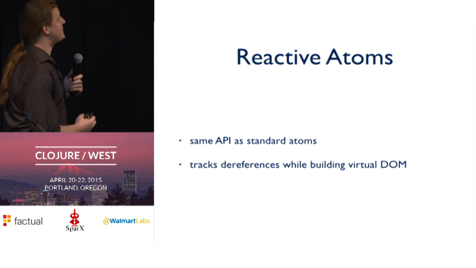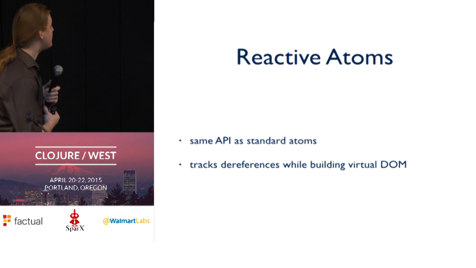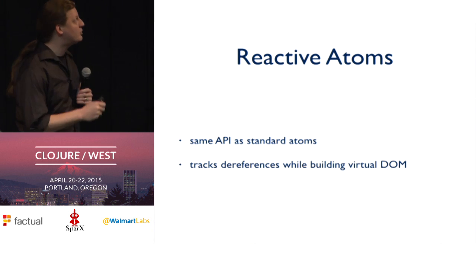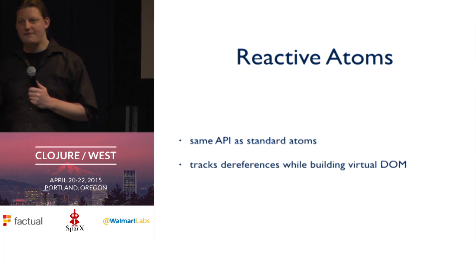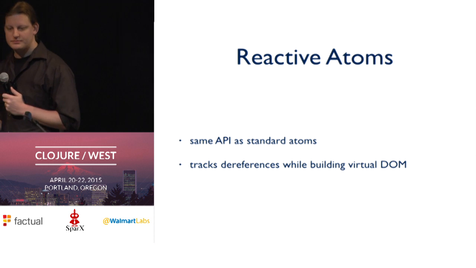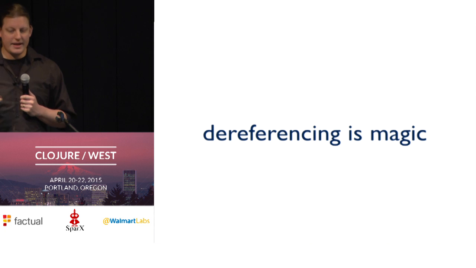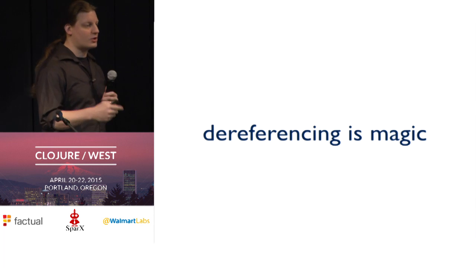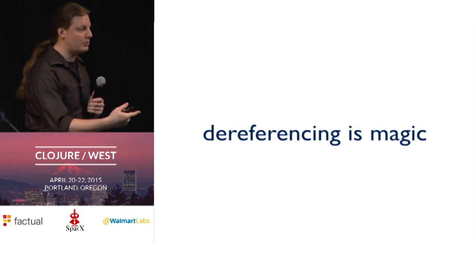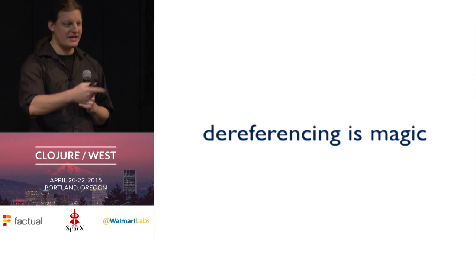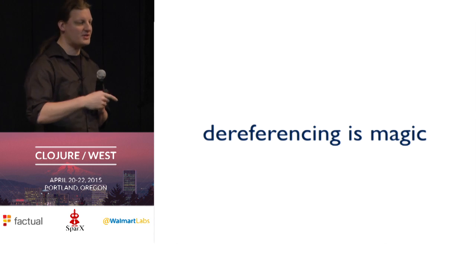So reactive atoms are what Reagent gives you. They have the same API as a standard atom. The difference is that they track dereferences. Whenever you dereference a reactive atom, it does some magic. It establishes a link across time. Rather than dereferencing being a one-time event, it now establishes a dependency and says, the code that I just rendered by dereferencing that atom now has a causal dependency on that atom.